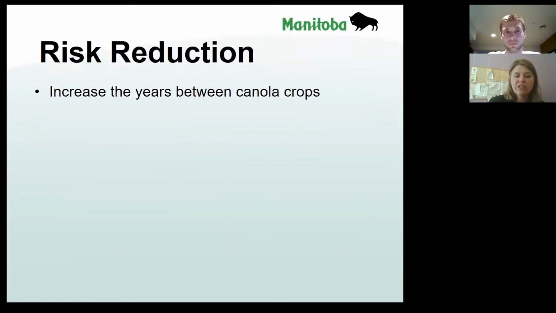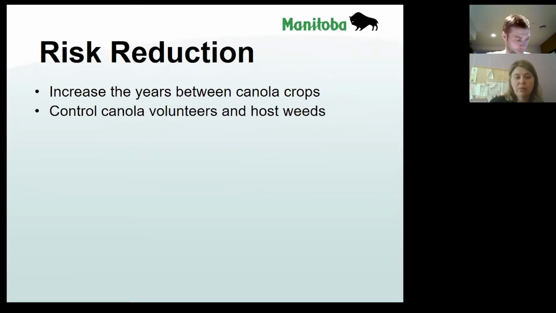So risk reduction, the first thing is increasing the years between your canola crop. As I said, a 2 to 3 year break between canola, you're probably going to reduce your spore concentration by half. If you have a really high spore concentration to begin with, you're still going to see galls. If it's moderate to low, you're going to see a huge decrease in any sort of symptoms you see on those roots.